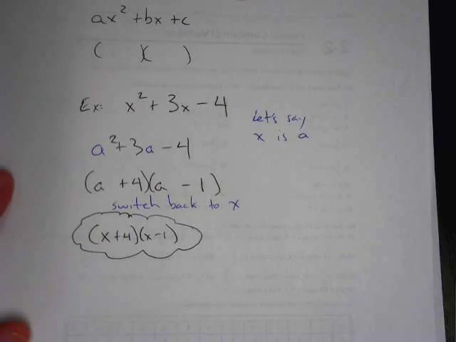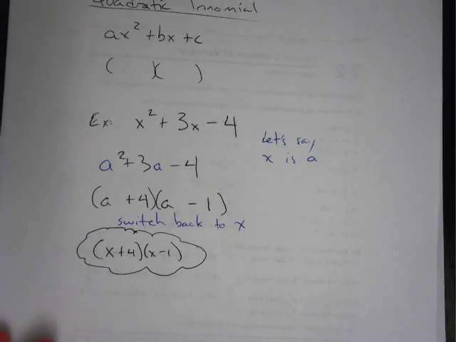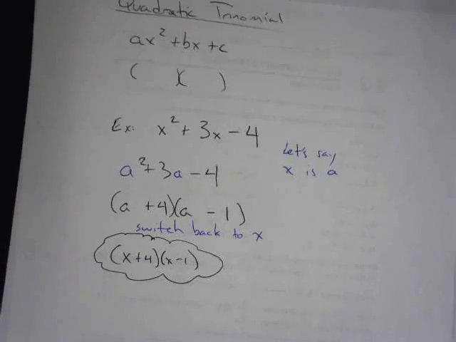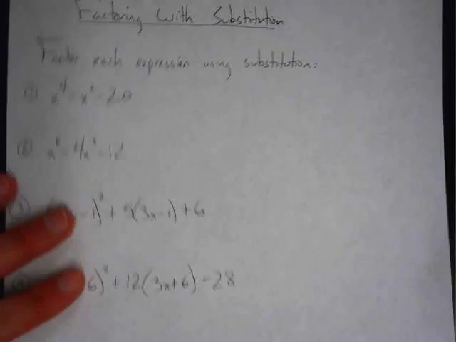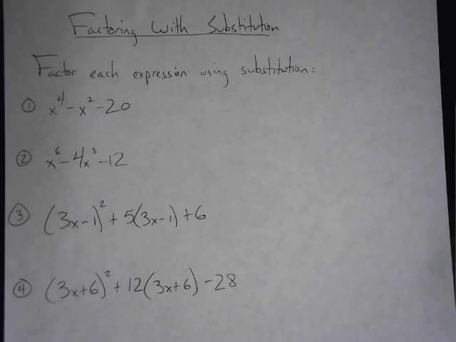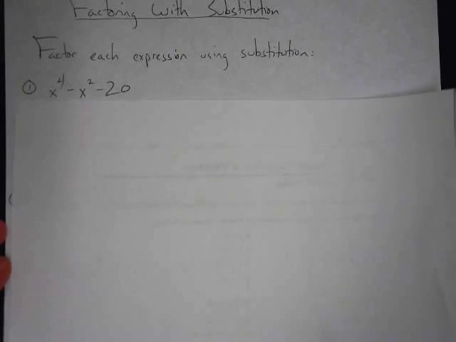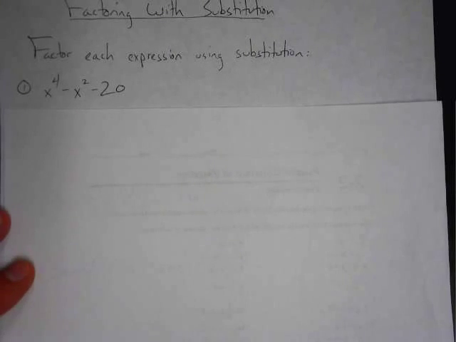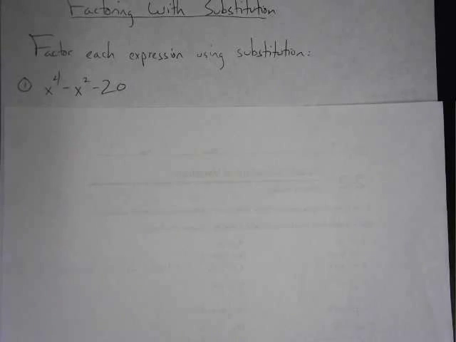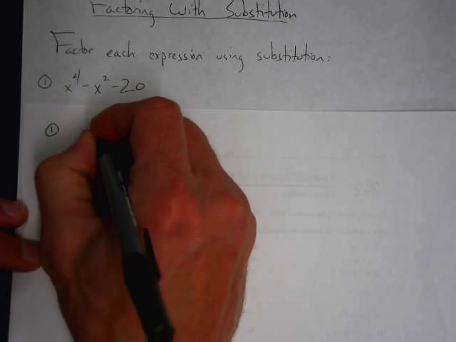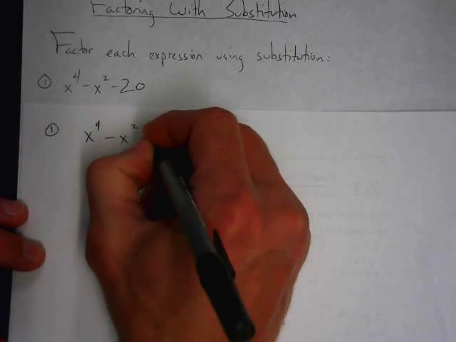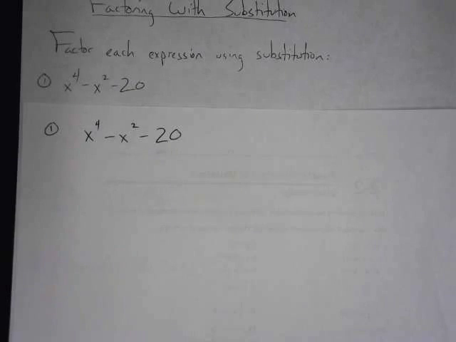Now, why is that important? Hopefully you do realize that is important, so don't think it's not. It's hugely important. Because if we look at these examples, a can be substituted for a lot of nutty things. So now what we can do is look at problem number 1, and we have x to the 4th minus x squared minus 20, and we don't know how to factor stuff that's x to the 4th, right?